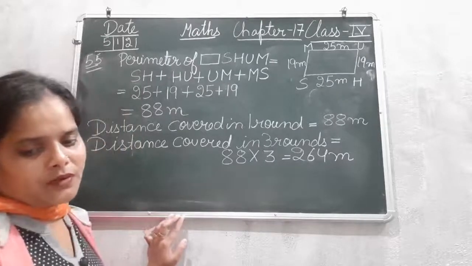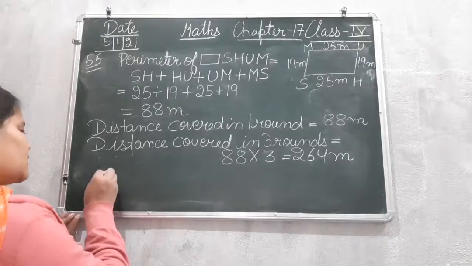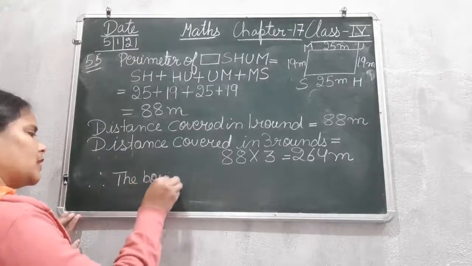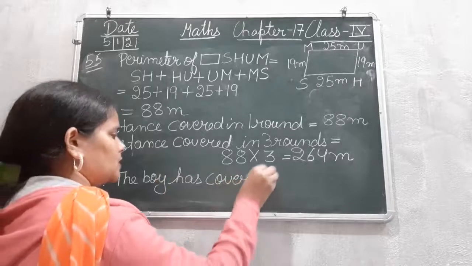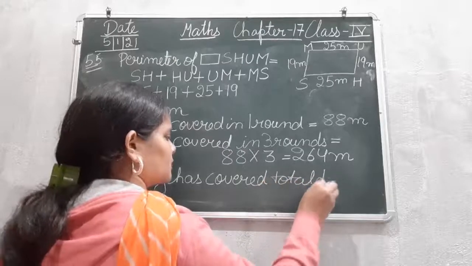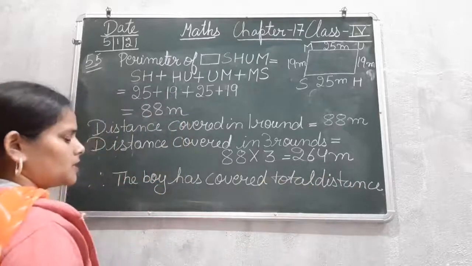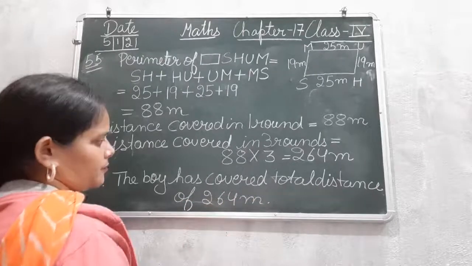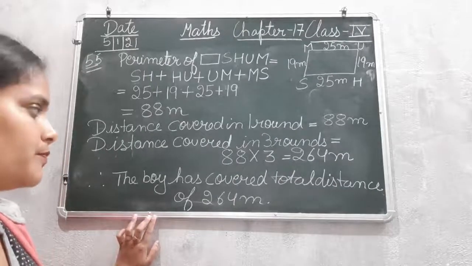So therefore the boy covers 264 meter. नीचे लिखेंगे, therefore the boy has covered the total distance of 264 meter. So this is the total distance that the boy has covered in 3 rounds.